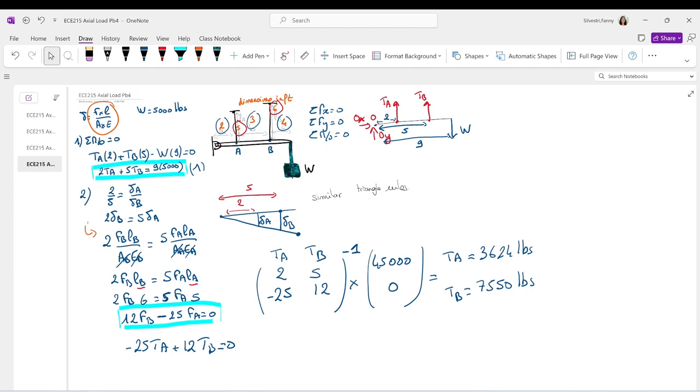What you need to remember is the strategy: use the ratio between the displacements and the geometry that you know, because when the structure moves, they are linked together. Delta A and delta B cannot be completely independent. So remember to use those displacements and the geometry, and of course some equations of statics. Hope that makes sense. Let me know if you have questions. Bye-bye.